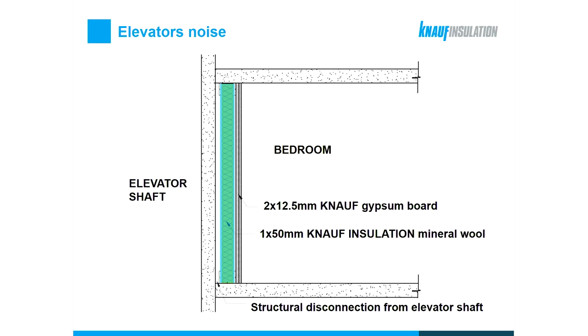Generally, we classify such a challenge into the category of wall linings or wall upgrades, but with the very important detail of structural disconnection between this wall lining and the elevator shaft. Such disconnection can be achieved with special brackets or just by connecting support steel structure to the floor and the ceiling alone, with the mandatory insulation layer of mineral wool and additional wall boards.